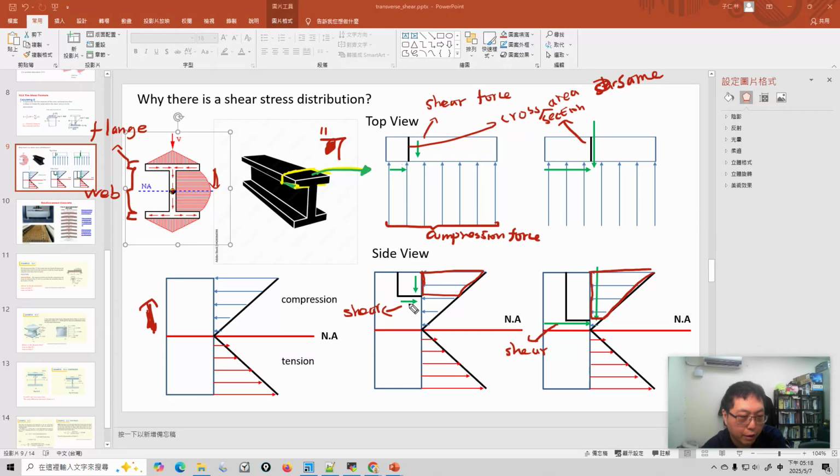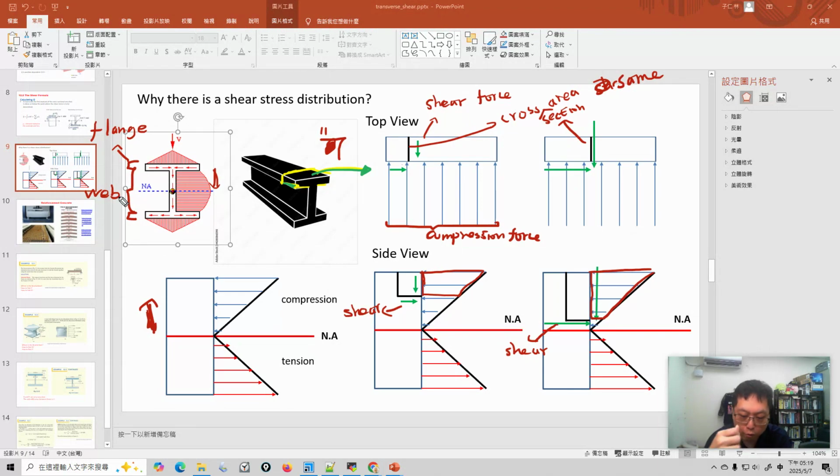At the top, we don't have much shear stress, because it doesn't experience much compression force. That's why we have the shear stress distribution from the top to the center of the web area.